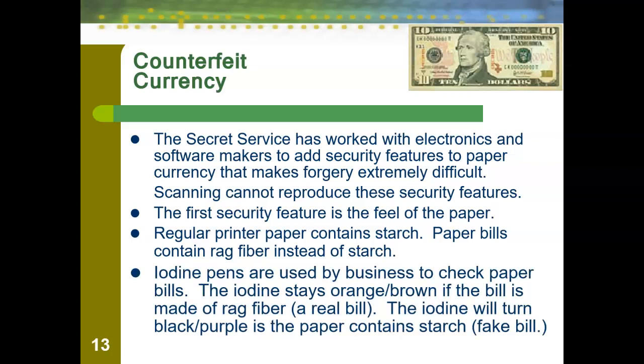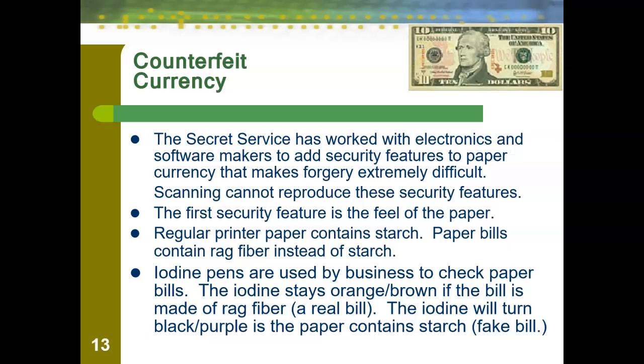And if you've ever been or worked at a business that takes a pen across different bills when you pay with them, that pen is an iodine pen. And it's used to just check the paper. That is all it's checking. So the iodine pen should stay an orange-brown color if it is a real bill, meaning it's made of rag fiber and it doesn't have any starch.